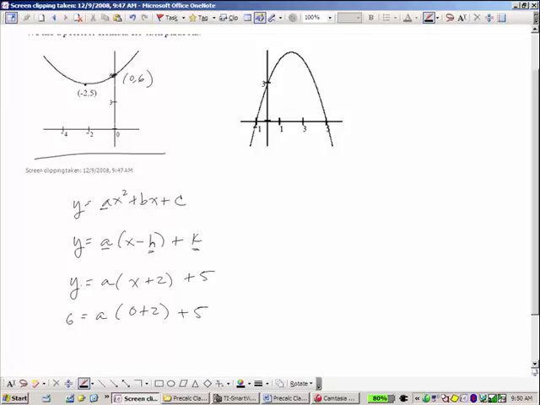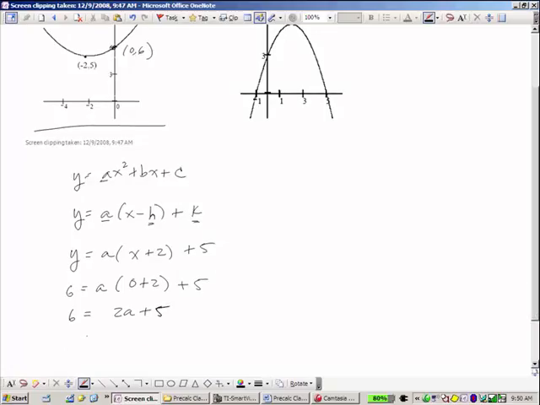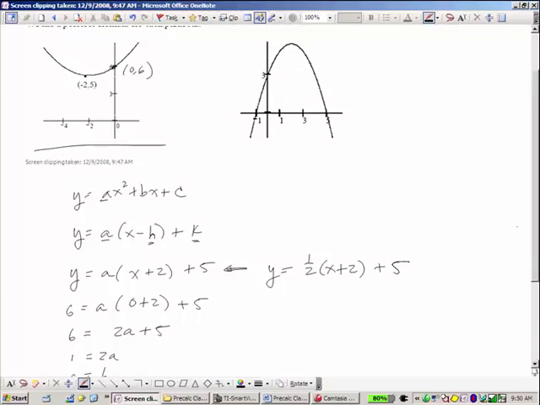Do you see how I plugged the y in for the y and the x in for the x? And now I get 6 equals 2a plus 5. So let's see. 1 equals 2a, or a equals 1/2. So now I can go back to this equation and write y equals 1/2 (x plus 2) squared plus 5. And that's the equation of that parabola.